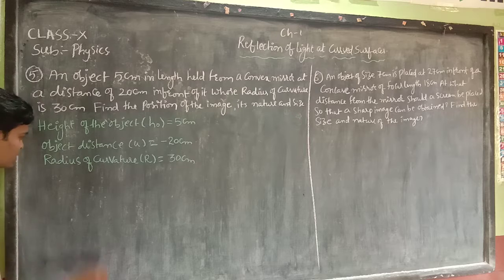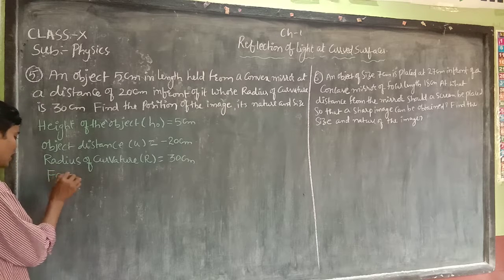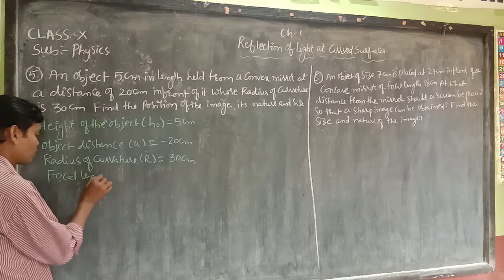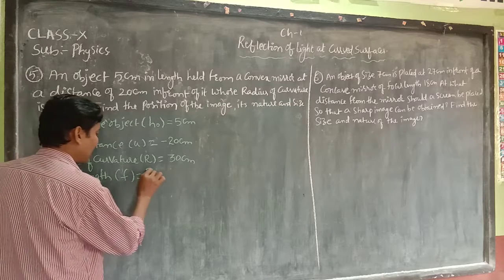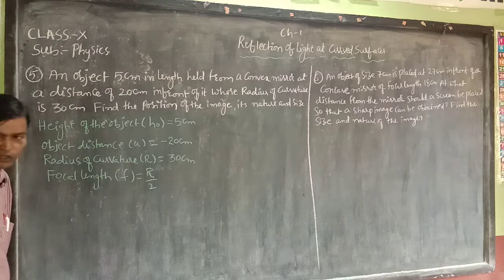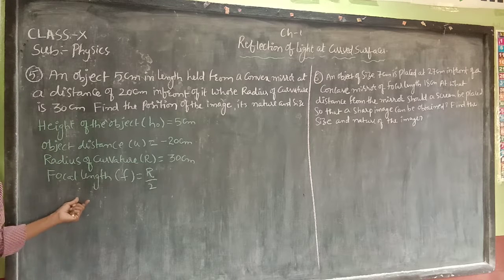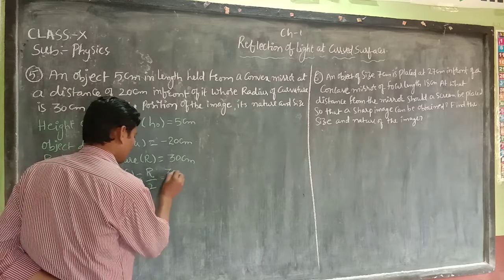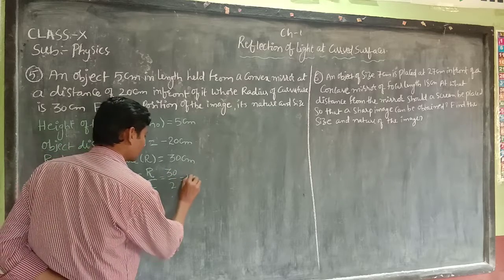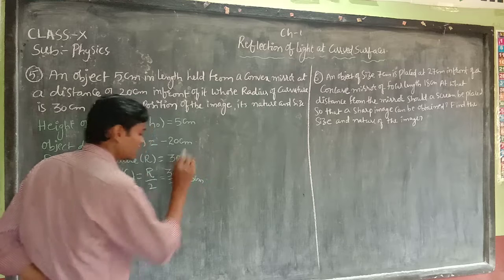Therefore, focal length F is equal to R by 2. We already know the formula: focal length is half of the radius of curvature. So 30 by 2 becomes 15 centimeters.